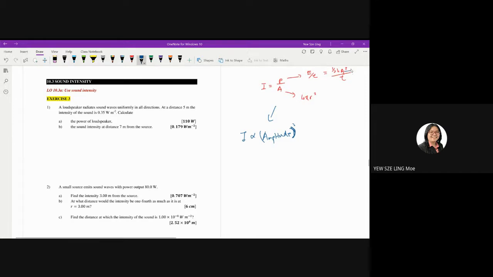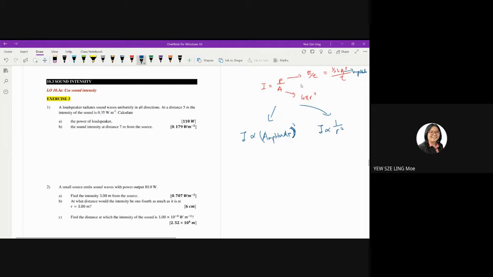The A right here represents amplitude. So from the derivation, we are able to identify the relationship between amplitude and intensity, and also between intensity and r squared. So I is directly proportional to 1 over r squared, also known as inversely proportional to r squared.